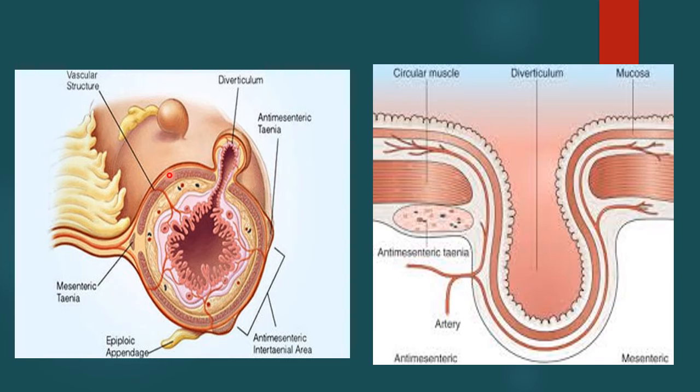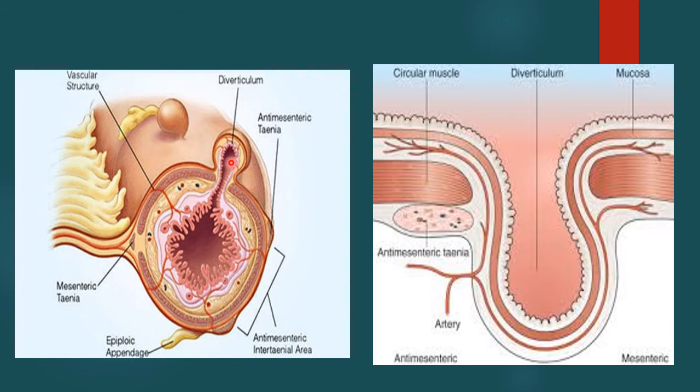This is a schematic representation of what a colonic diverticula is all about. It's an outpouching of the wall of the large intestine, through weak points in the wall. These outpouches are peculiar in that they do not contain the full thickness of the muscle layer. There's no muscle layer covering that.